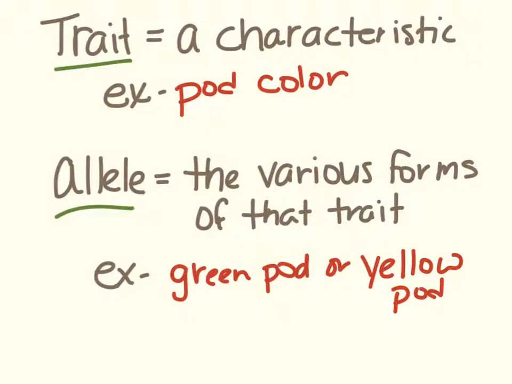So in the case of Mendel's pod color, there were two alleles. They would either have green pods or yellow pods. So the trait is the basic characteristic, and the alleles are the different variations. If they had green pods, then they had the green allele, and if they had yellow pods, then they had the yellow allele, and the general trait was pod color.